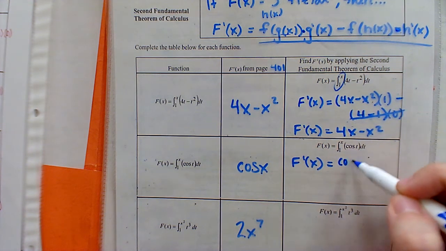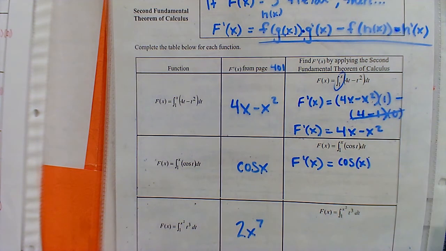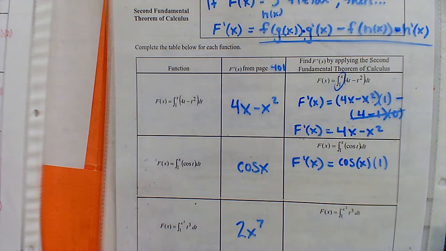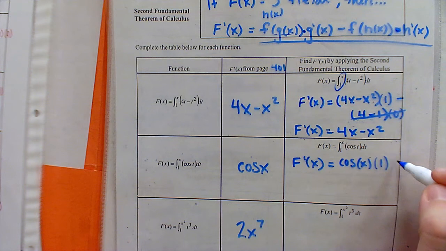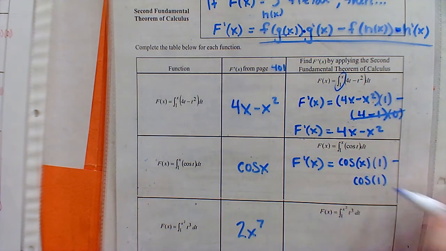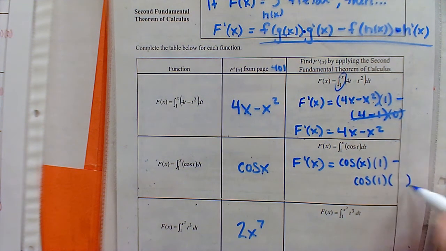So if we plug in the top bound, we'll get cosine of x times the derivative of that top bound, which would just be 1. Then we'd have to subtract, plugging in the bottom bound, so that would be cosine of 1, times the derivative of that bottom bound.